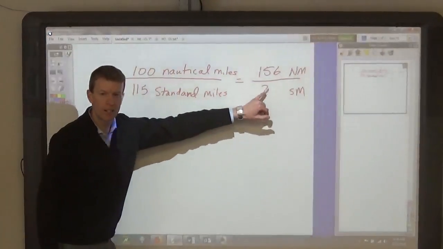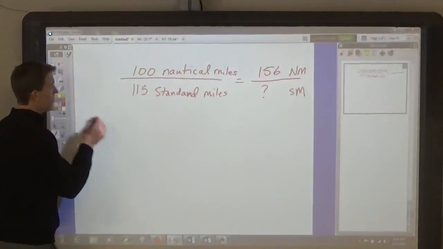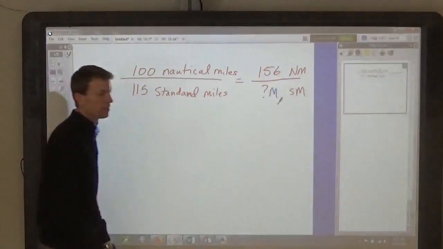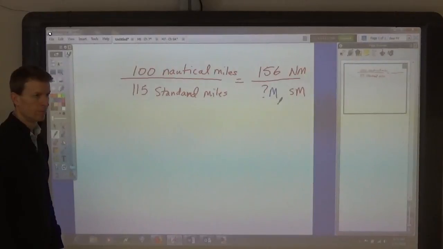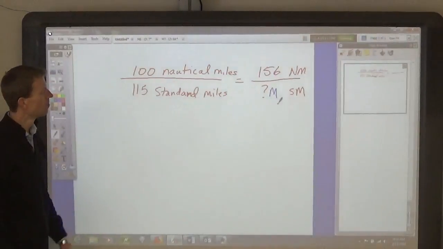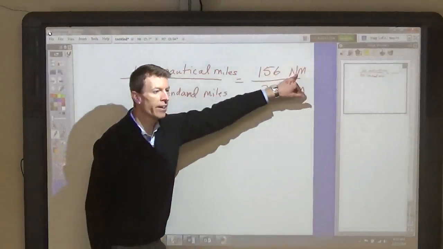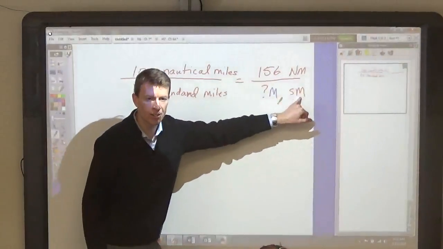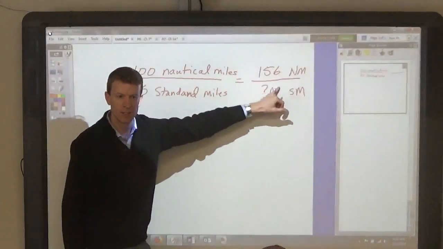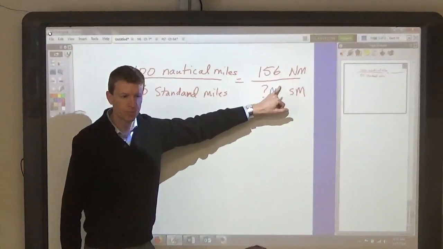Make this one your variable. So M for miles. Okay? So nautical miles, standard miles. The same labels on the same level. Does that make sense?